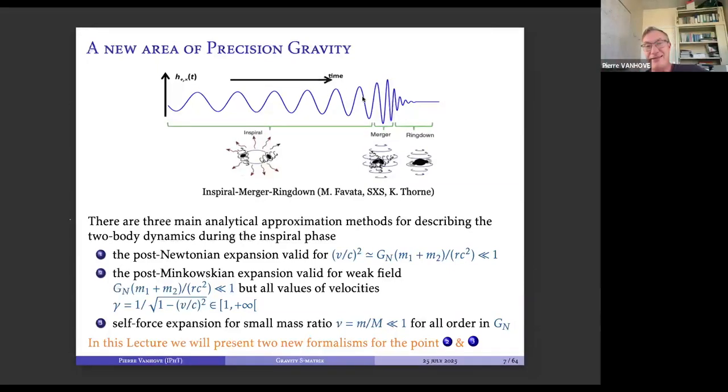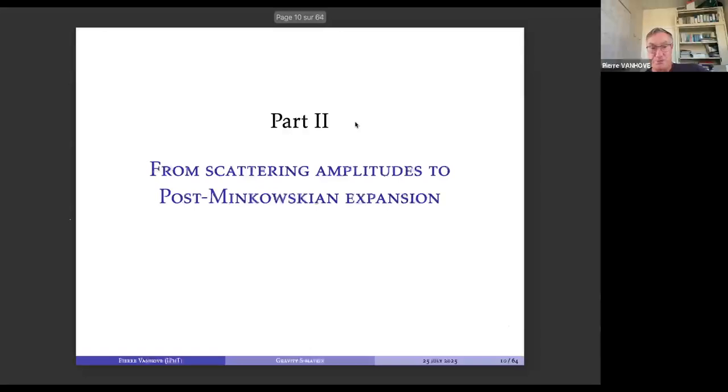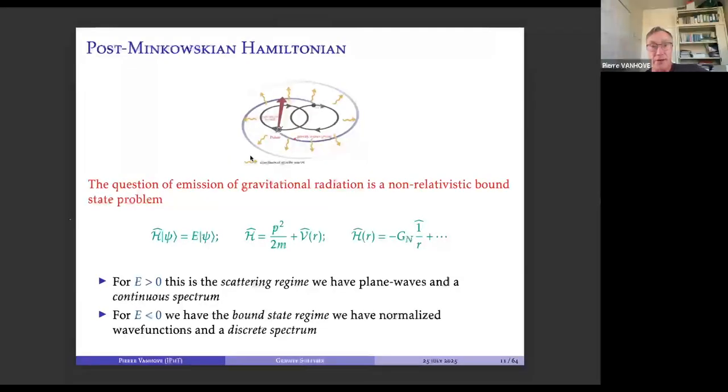And that will be needed for high precision analysis of gravitational wave detection, especially when we will have LISA in space. Okay. So now let me try to explain exactly what this post-Minkowskian expansion is.